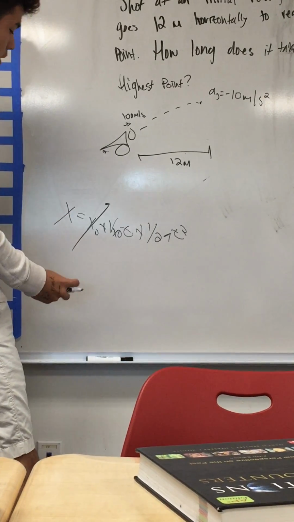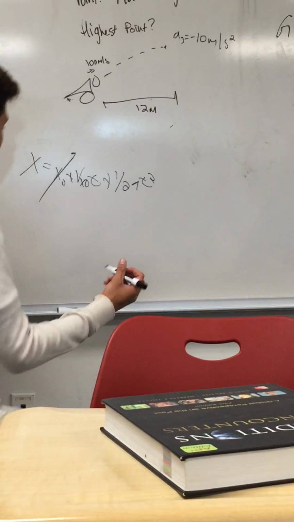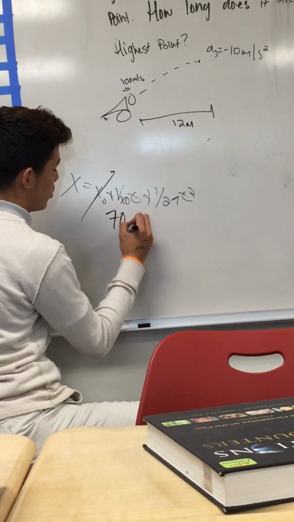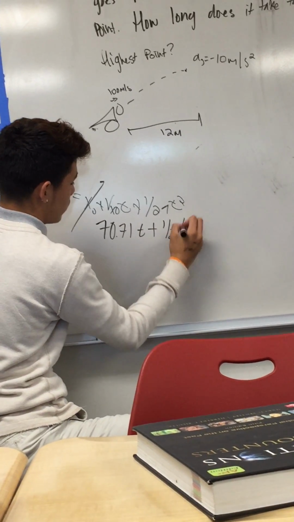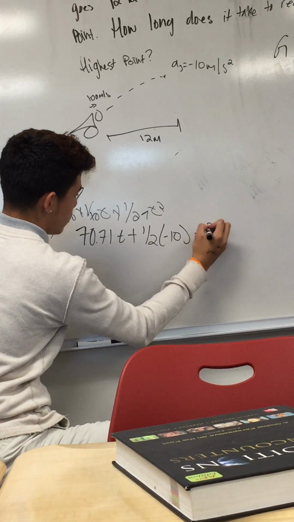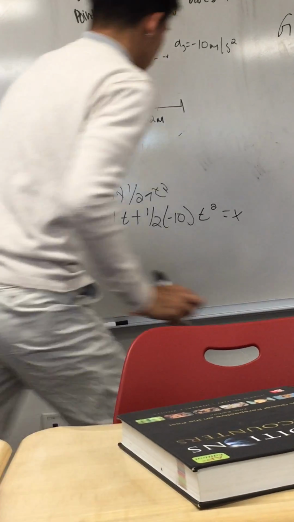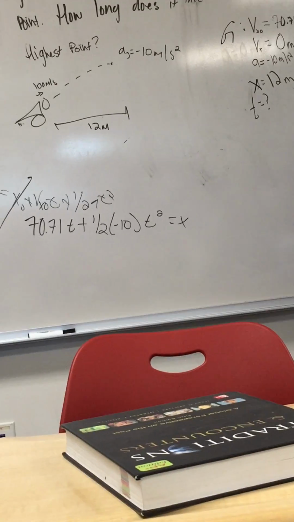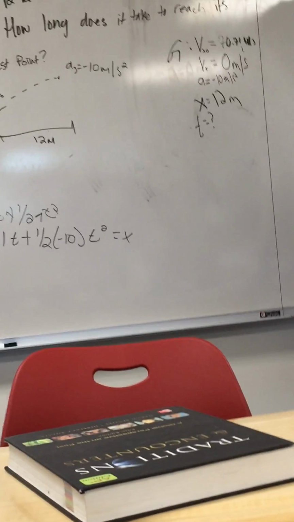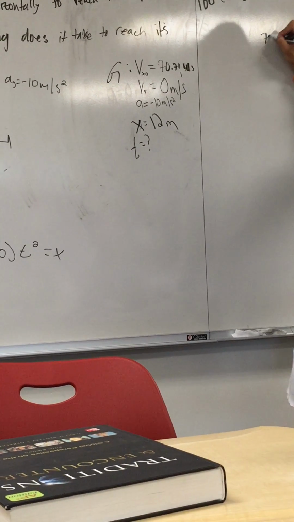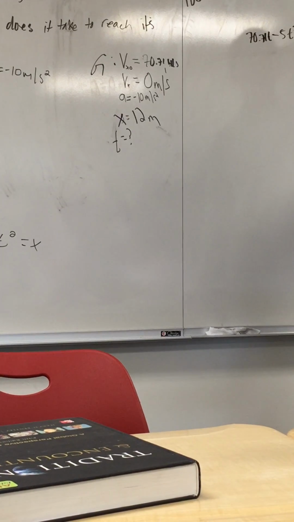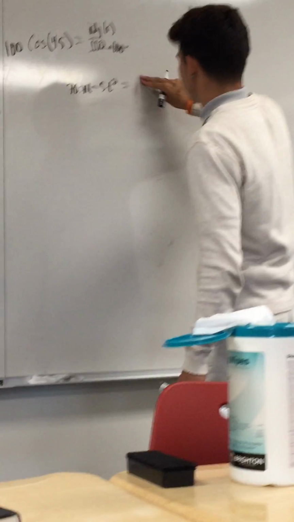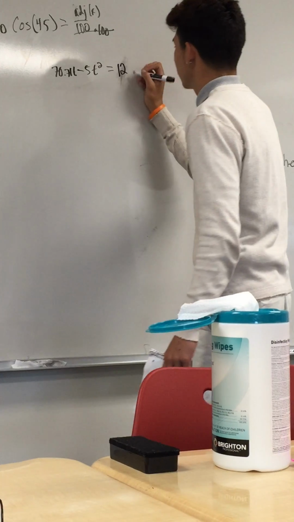And so we plug in our numbers, and we're left with 70.71 t plus 1/2 negative 10 t squared equals x. So then we have the negative 10, which ends up being negative 5 t squared plus 70.71 t, which ends up equaling x. I mean the x is 12. Yikes. The x is 12.